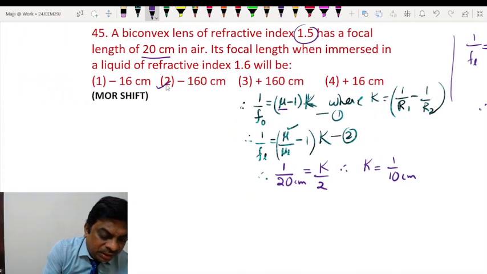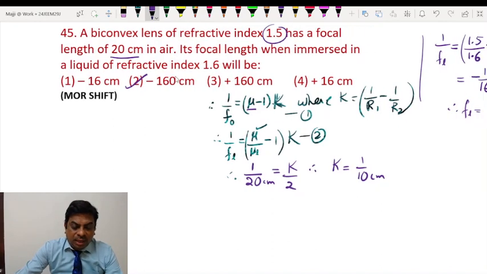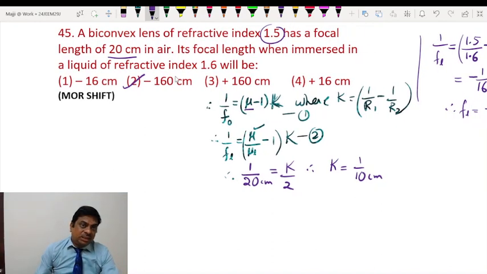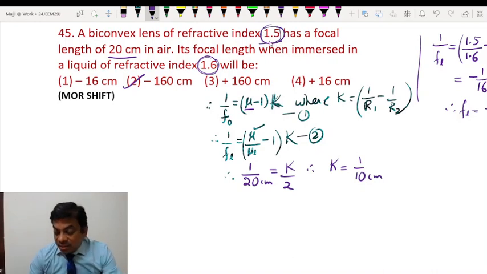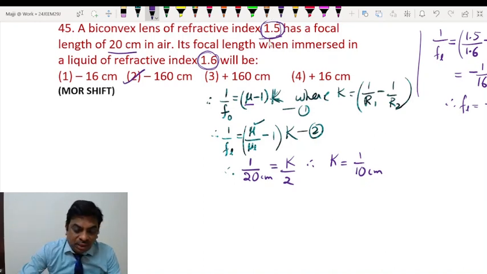So we will go with the second option. As a matter of fact, students, just a small reminder here. When the refractive index of the surrounding medium exceeds that of the material of the lens, the lens changes its nature. In other words, if it is a convex lens, it will start behaving as a concave lens and vice versa.